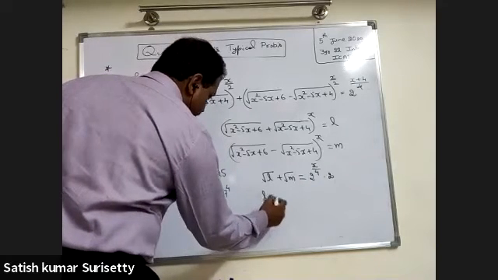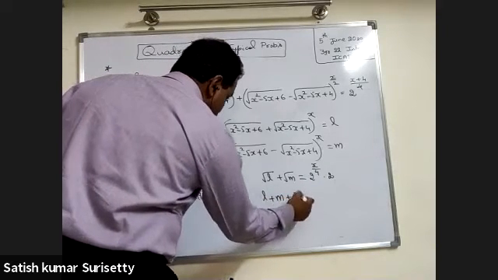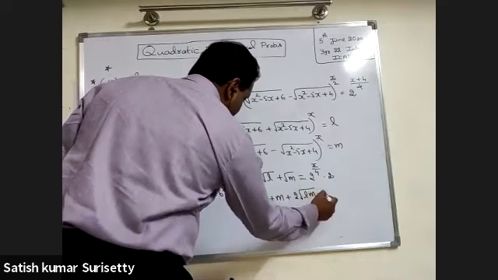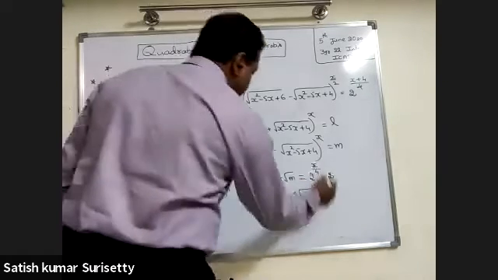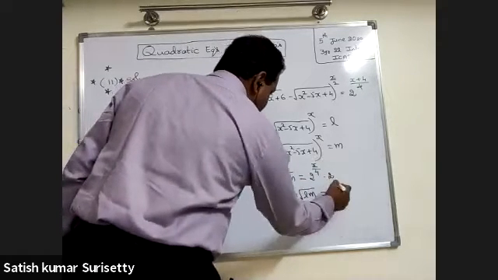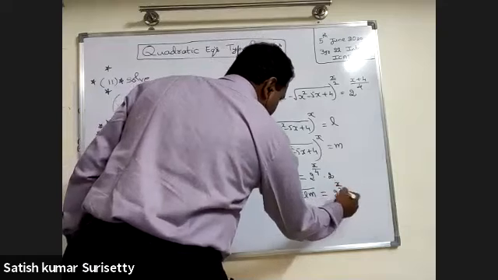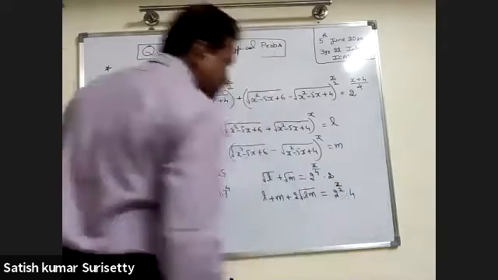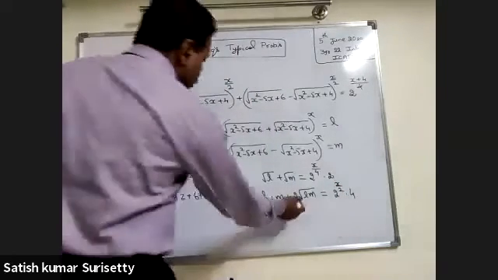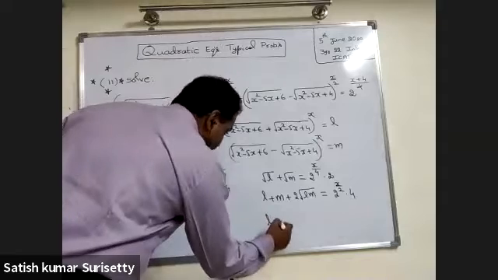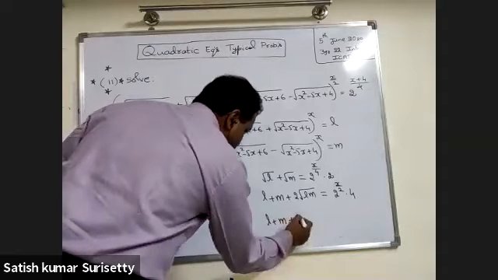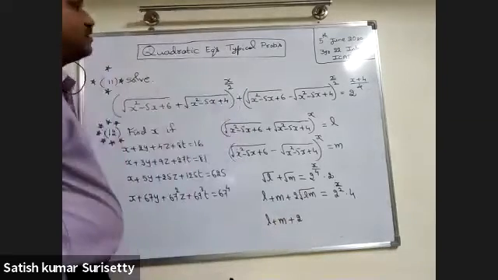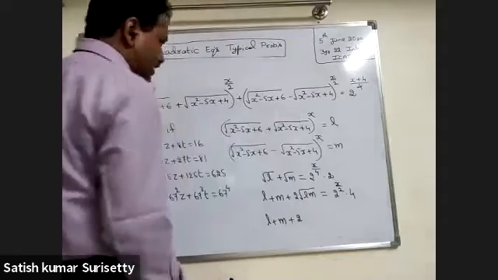L plus M plus 2 root of LM equals, this will be how much? 2 to the power of x by 2 into what? 4. Now, what is 2 root of LM? L plus M plus 2 into root of LM, which means the root of the product.